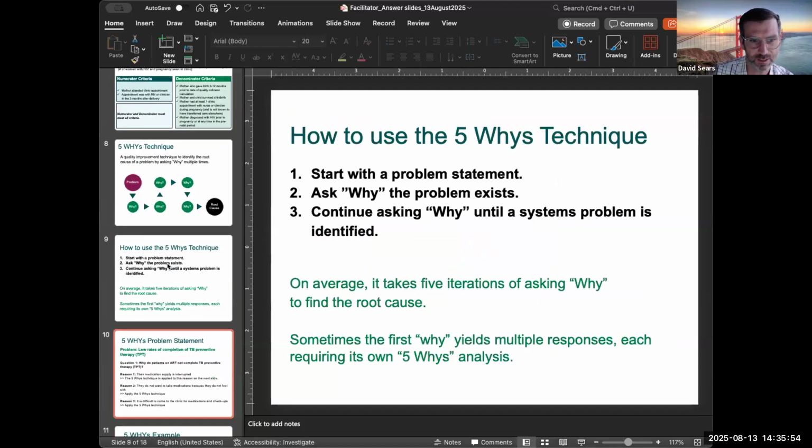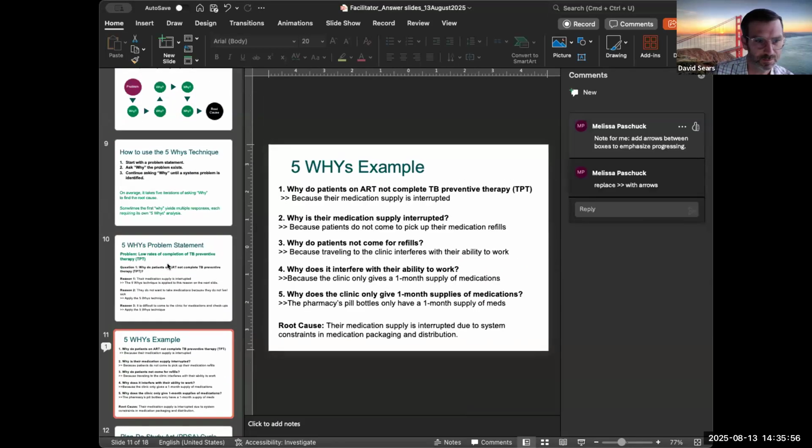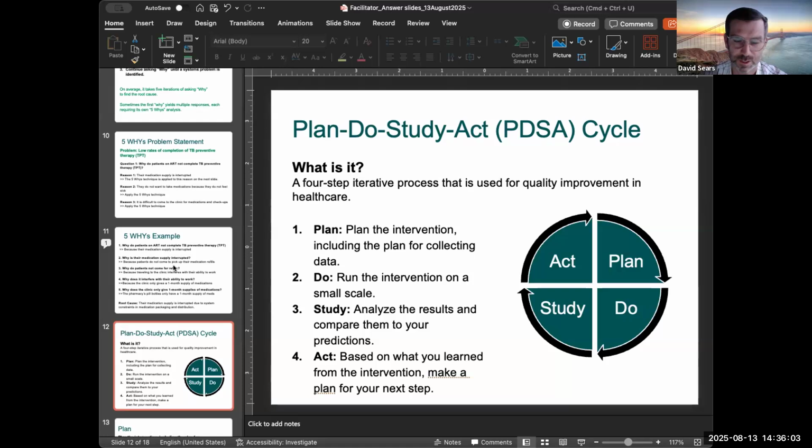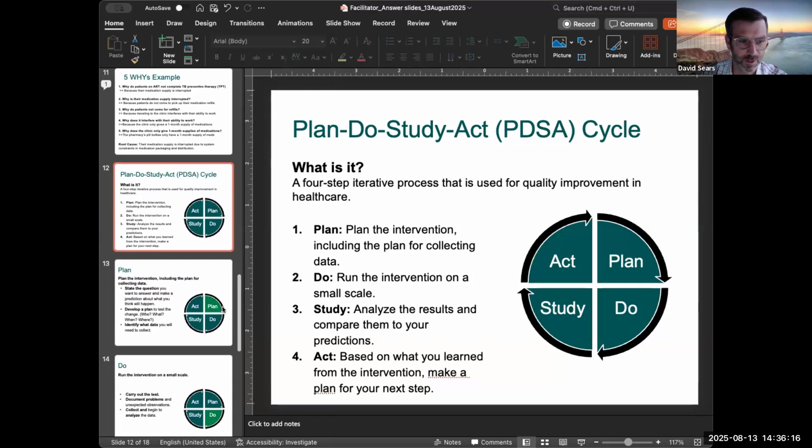Here's the 5 whys technique. And let's see, and then the Plan, Do, Study, Act cycles. So there are a few slides that introduce this concept in addition to the additional learner materials. And in small groups, the learners will go through their hypothetical intervention and talk about how they're going to plan for that intervention and then discuss the Do, Study, and Act portions.